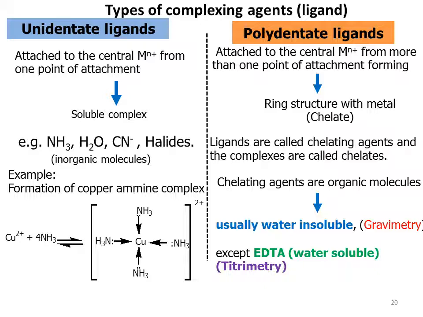Except a very important polydentate ligand is water-soluble, the universal titrating agent called EDTA. In titrimetry, we always use EDTA for determination of metals. In such case, the water-soluble polydentate ligand is called a sequestering agent.